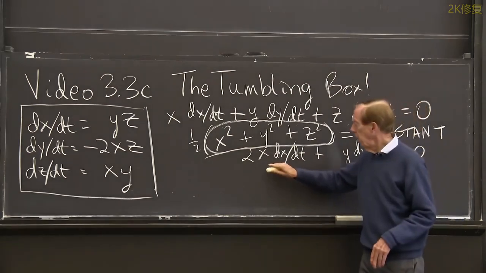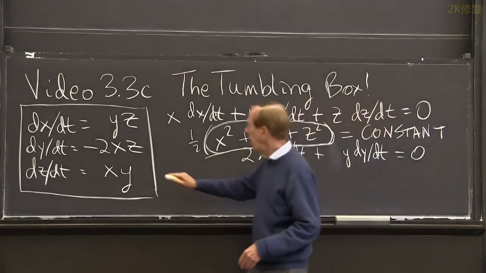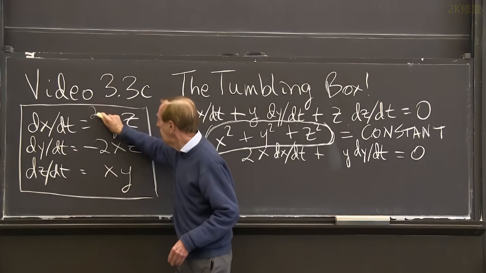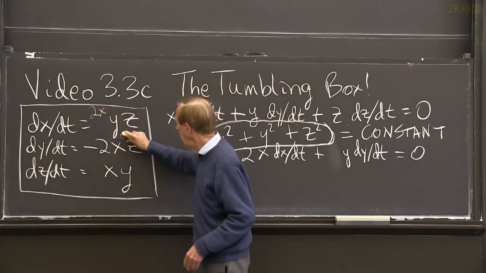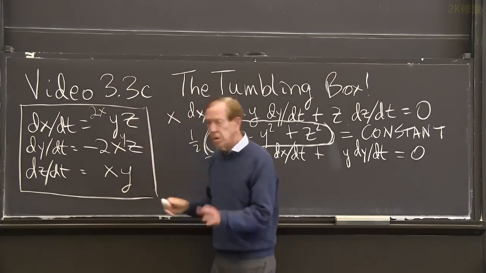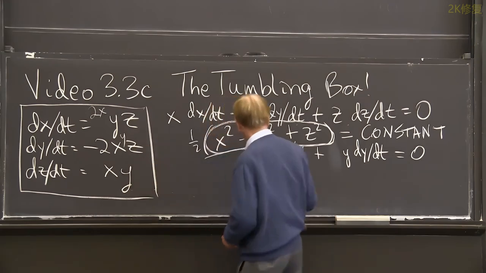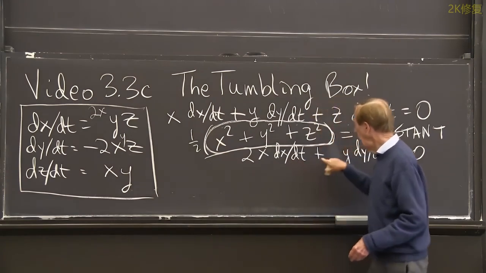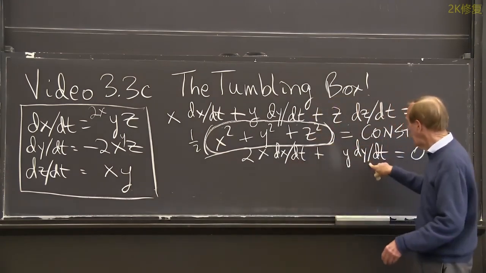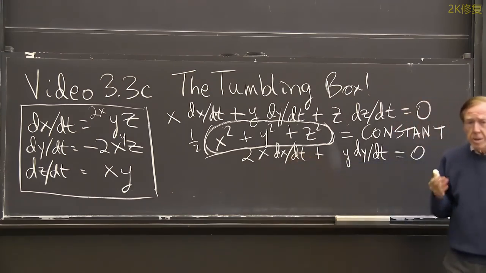Now, there's another one. If I multiply this one by 2x, and I multiply this one by y, and add just those two, that cancels. So 2x times the first one, and y times the second one gives 0. Again, I'm seeing something is constant.